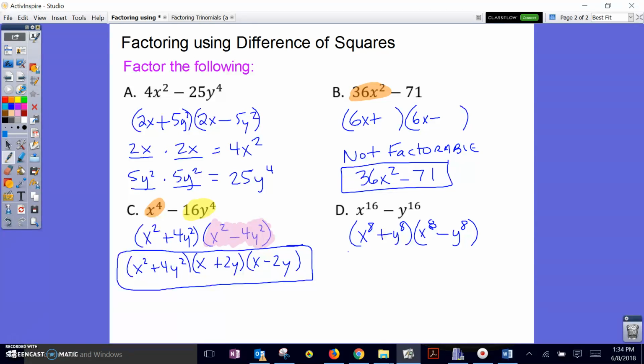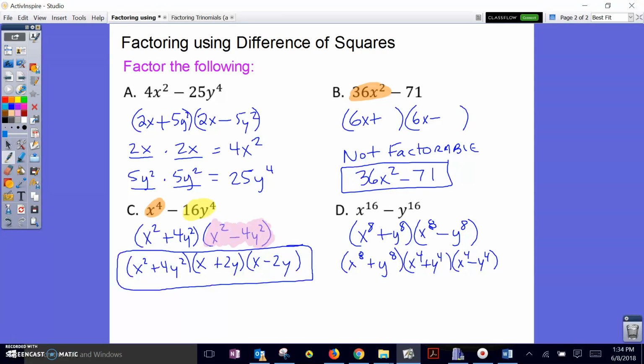And now again, that second factor is something that we can factor even more by difference of squares. And that's going to factor as x to the fourth plus y to the fourth times x to the fourth minus y to the fourth.